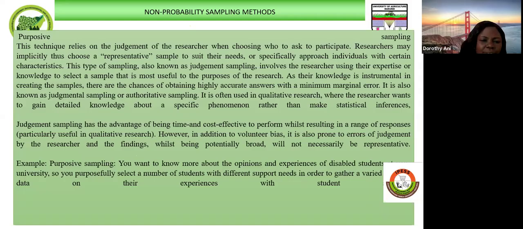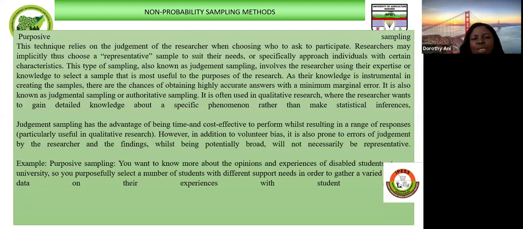Researchers may implicitly choose a representative sample to suit their needs, or specifically approach individuals with certain characteristics.